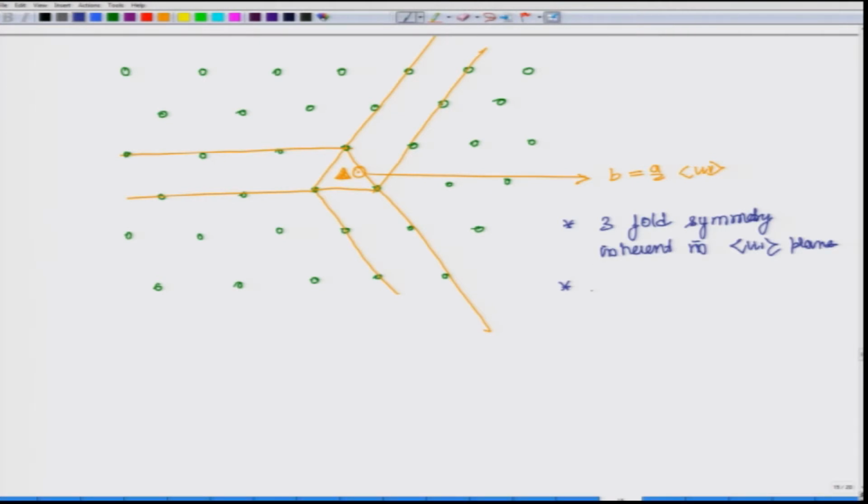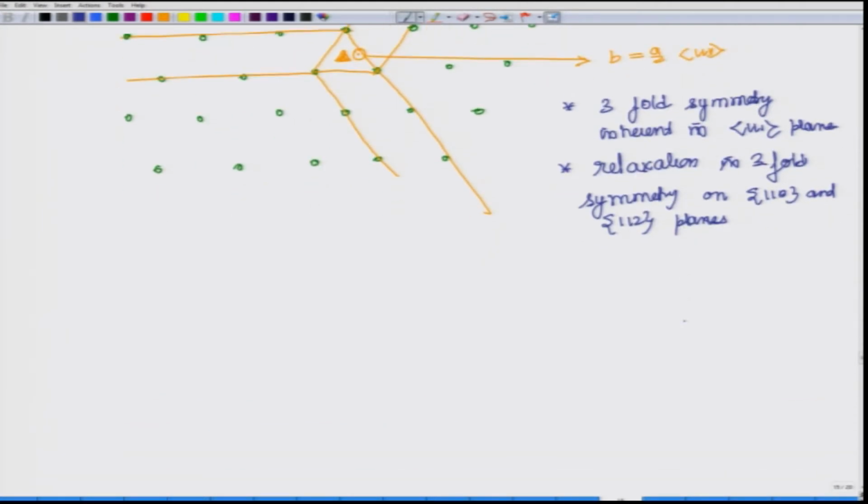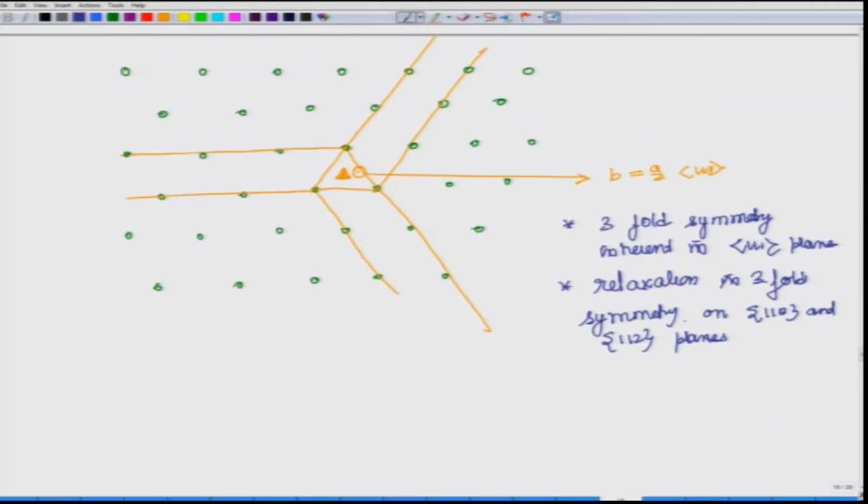So, relaxation will also take place on 110 or actually 112 planes. So, the relaxation of this structure will also have threefold symmetry, and once you have a structure like this, you can realize that motion is no more symmetric.